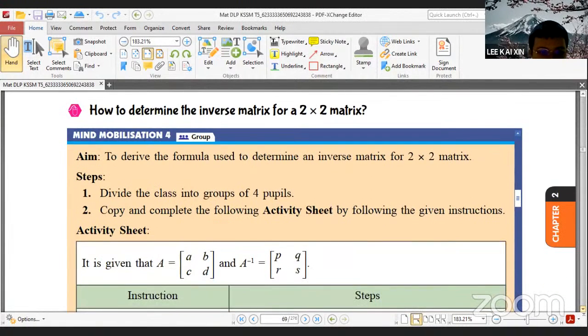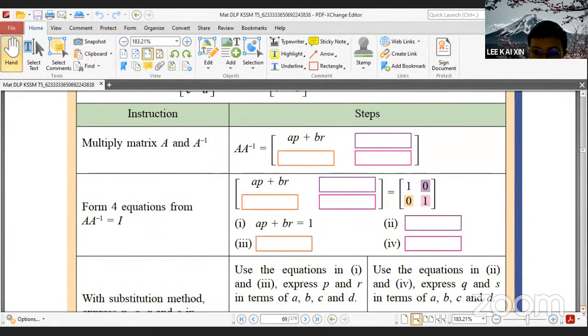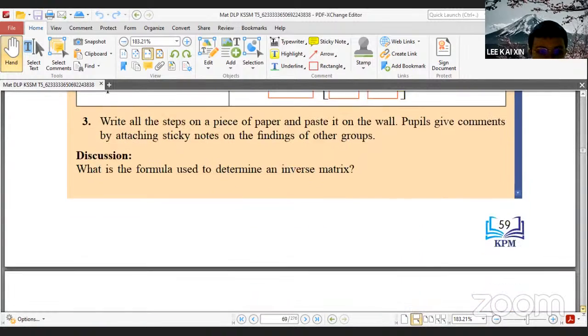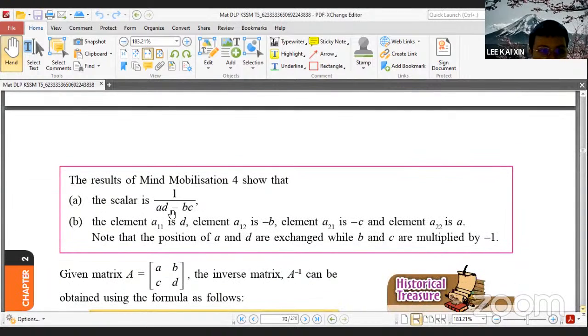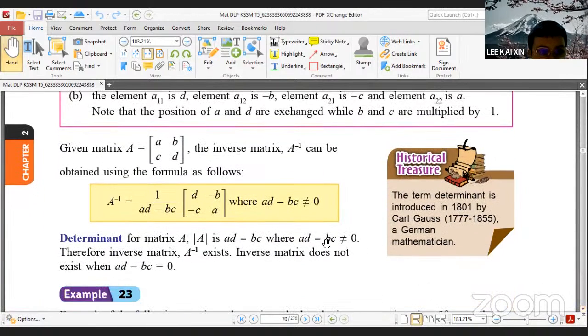Okay, how to determine the inverse matrix of a 2 times 2 matrix? It's the one I've mentioned. Given that A is this, the inverse matrix can be defined as, just now, actually I didn't really complete.